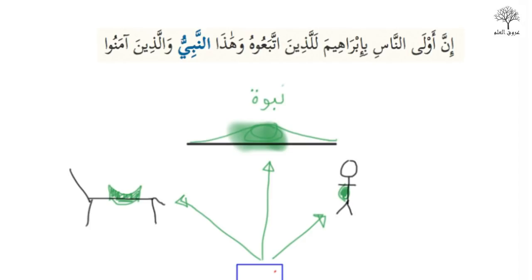Indeed, the closest of people to Ibrahim are those who follow him. Right, those are the closest people. Wa hadha nabi, and this prophet. Many of the linguists say that the word nabi is from the word nabawa, right? So this nabi is like above everyone else.